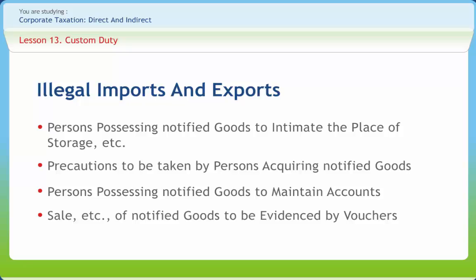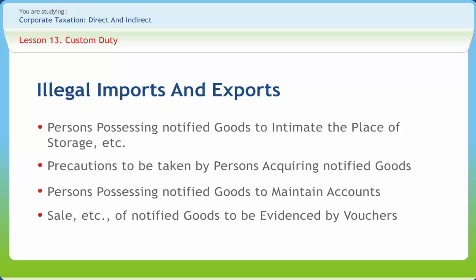Every person who, on or after the notified date, owns, possesses, controls, or acquires any notified goods shall maintain in such form and in such manner as may be specified by rules made in this behalf a true and complete account of such goods, and shall, as often as he acquires or parts with any notified goods, make an entry in the said account in relation to such acquisition or parting with, and shall also state therein the particulars of the person from whom such goods have been acquired or in whose favor such goods have been parted with, as the case may be, and such account shall be kept along with the goods at the place of storage of the notified goods to which such accounts relate.